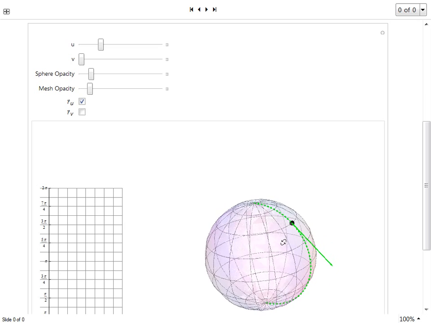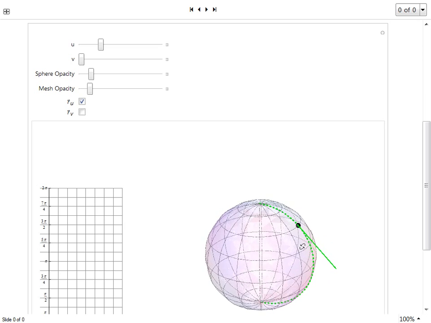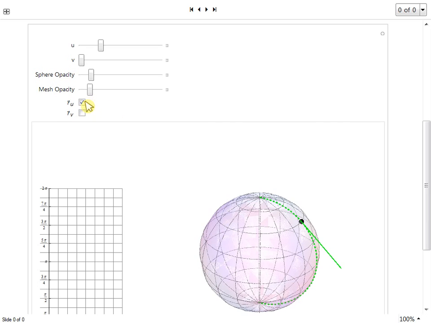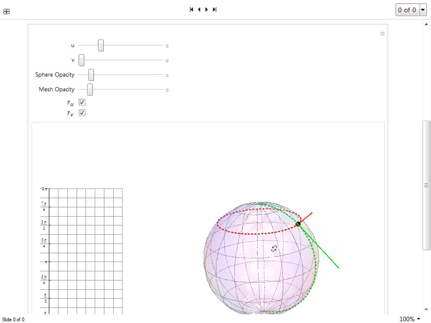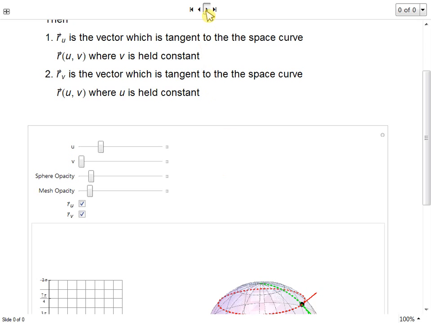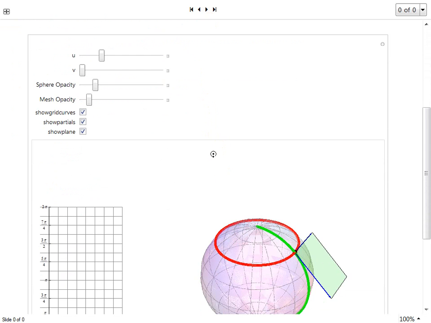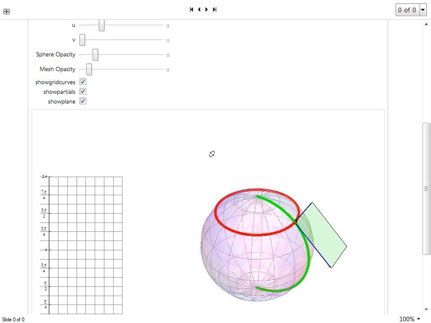Then, if I hold my u constant, I get this vector coming off. Do y'all see that? And if I do them both together like this, what do they create? They create a plane, don't they? And how is that plane related to my surface? It's tangent to the surface.